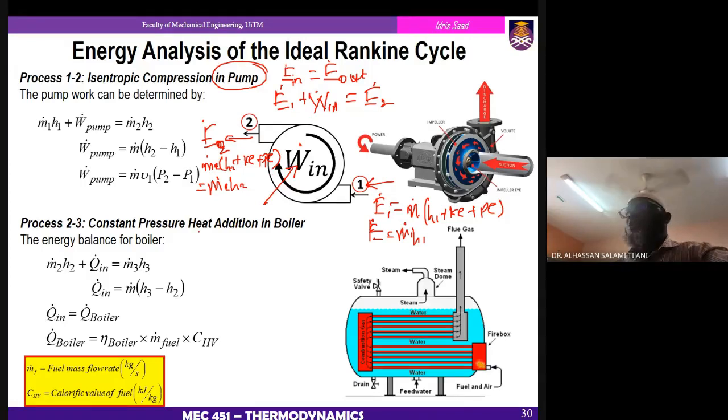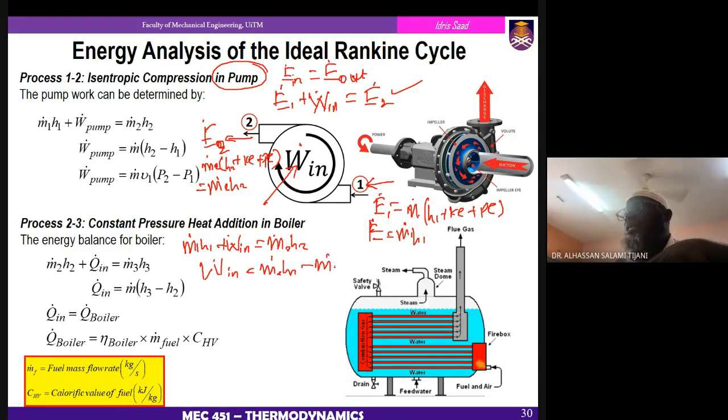So if you substitute into the equation above, we will have M1 H1 plus W in equals M2 H2. So eventually W in equals M2 H2 minus M1 H1.